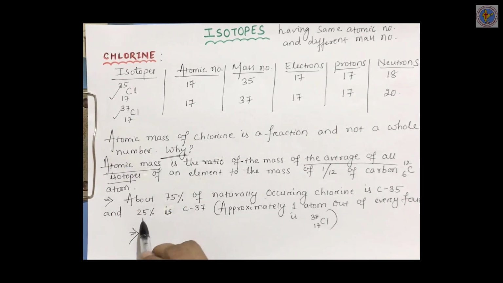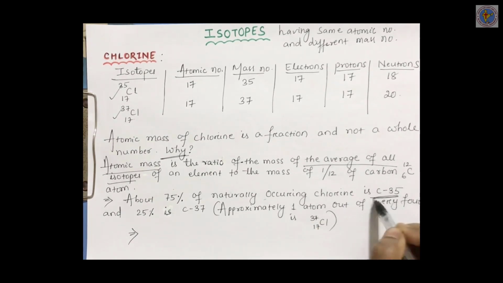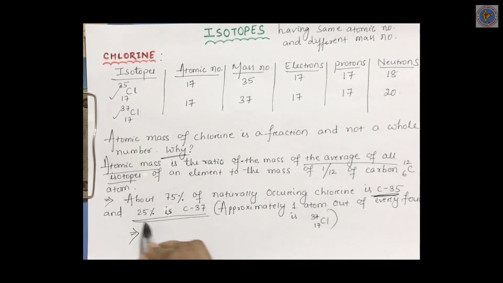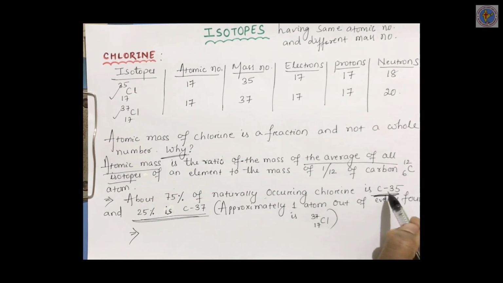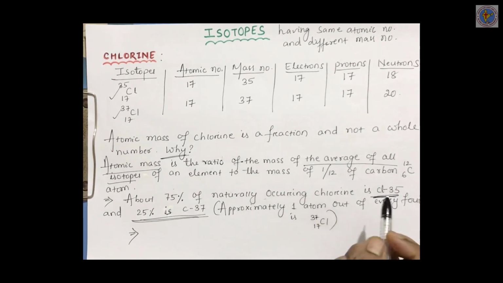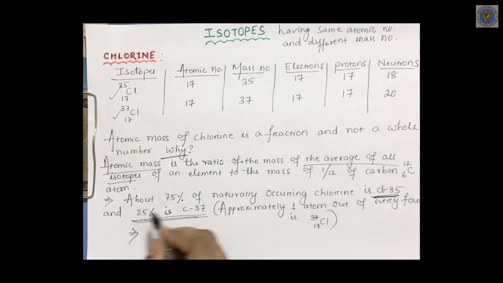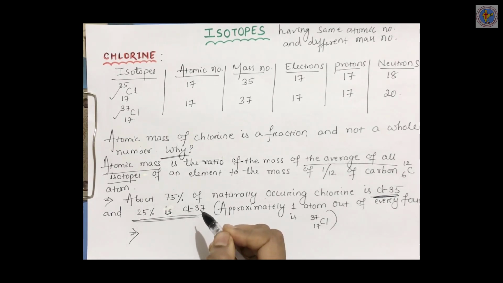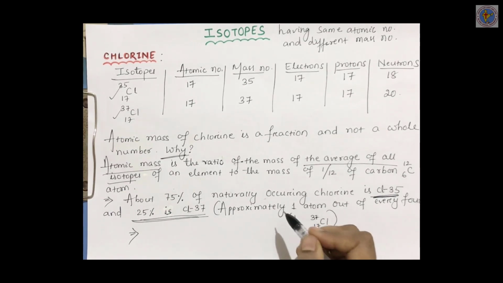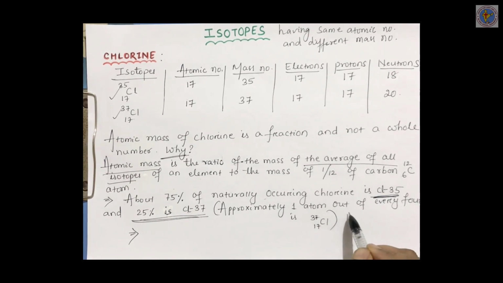We know very well that about 75% of naturally occurring chlorine is chlorine 35 and 25% is chlorine 37. So approximately one atom out of every 4 is chlorine 37.